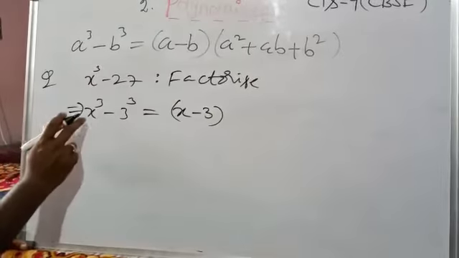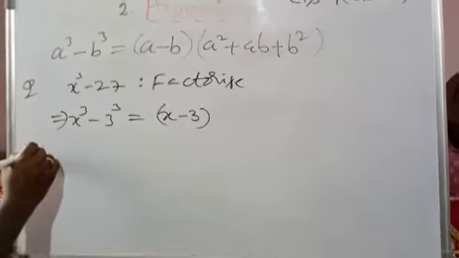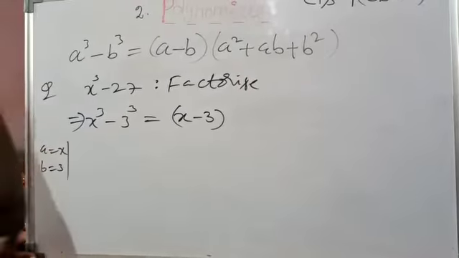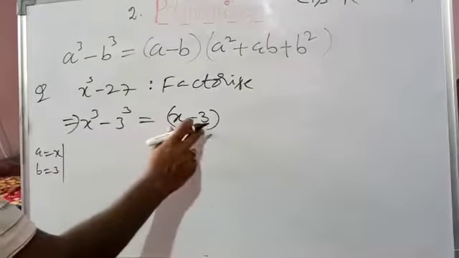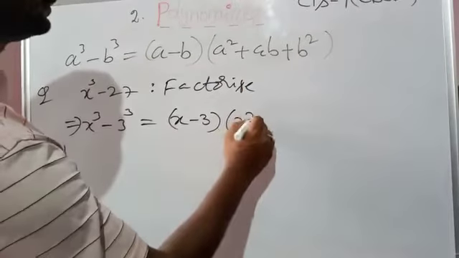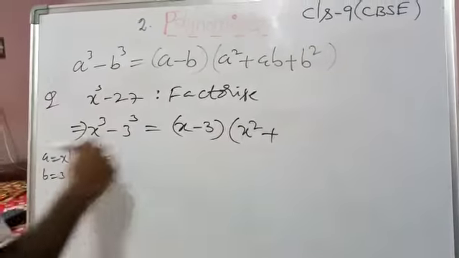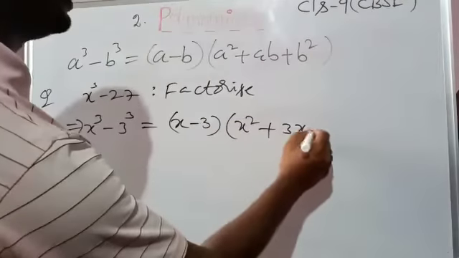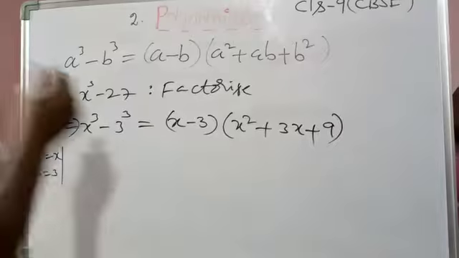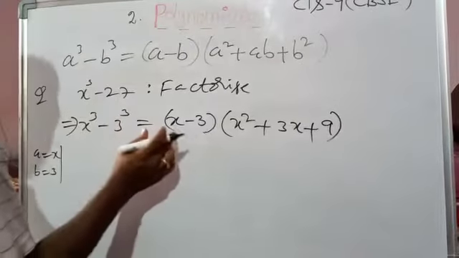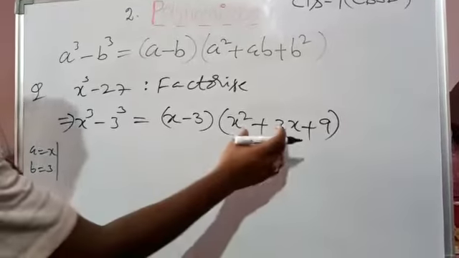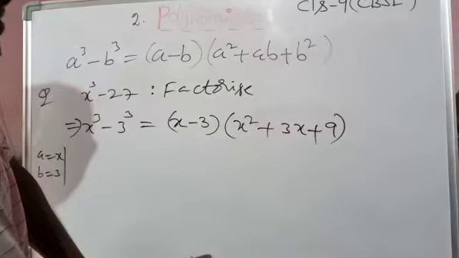Here a is x and b is 3. So a square is x square, plus ab is 3x, plus b square is 9, students. Here x minus 3 is already a linear polynomial, but the other is a quadratic polynomial, students.